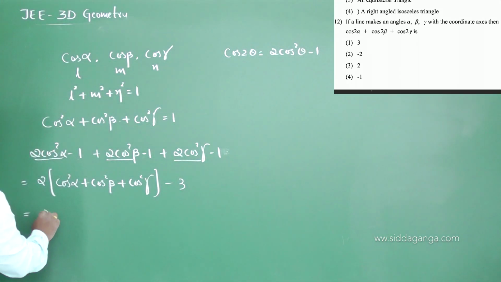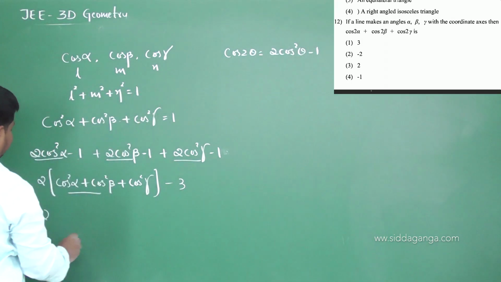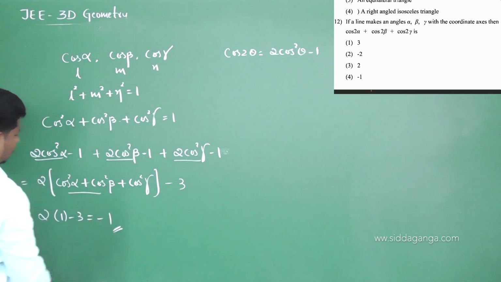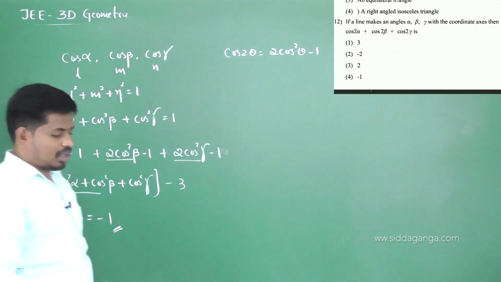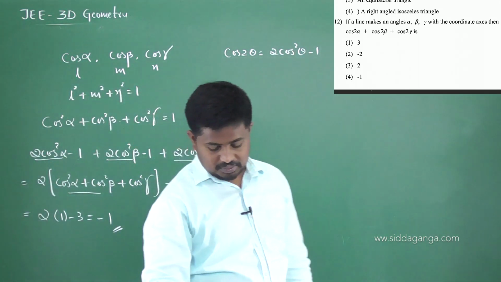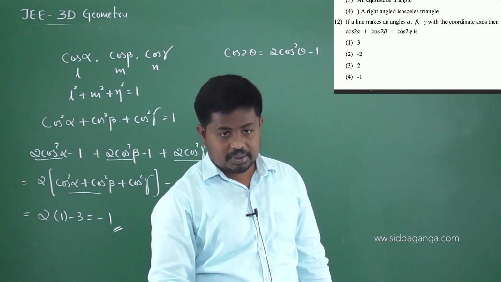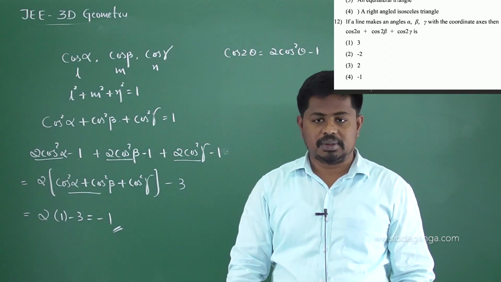The value of the bracket is 1, so 2 times 1 minus 3, that is minus 1, the correct answer. So cos 2 alpha plus cos 2 beta plus cos 2 gamma becomes equal to minus 1, option 4.